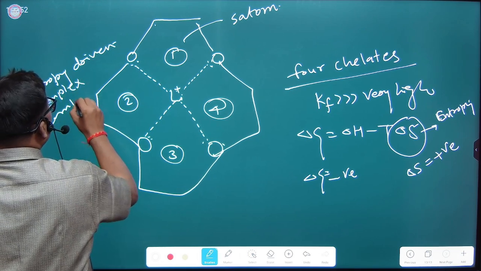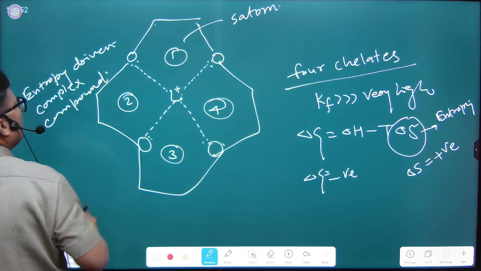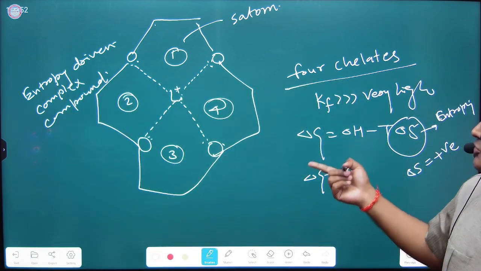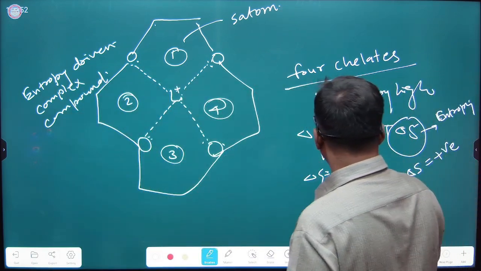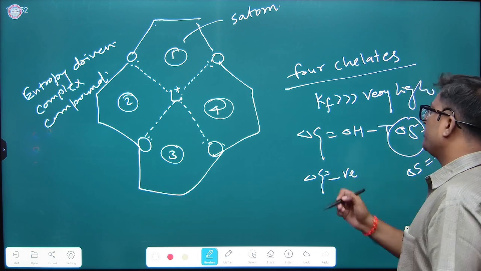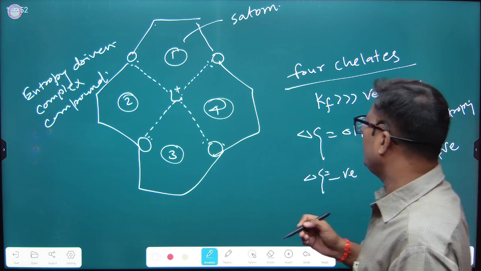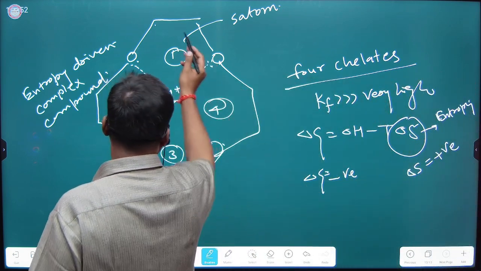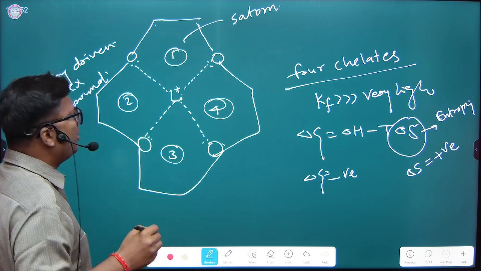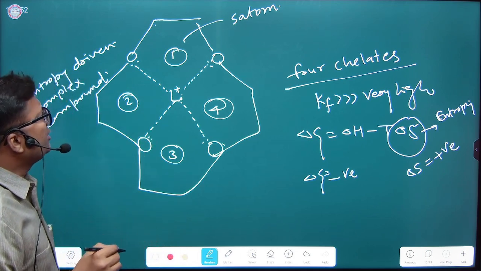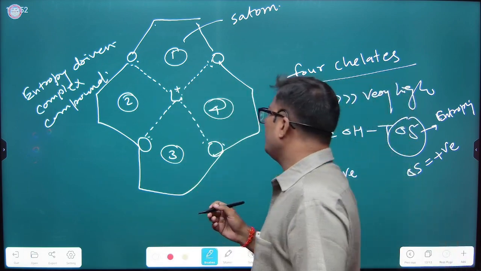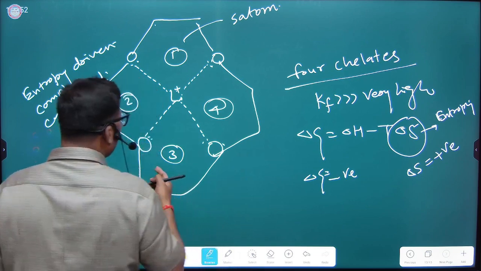So such types of complexes have more negative delta G value, which favors the formation of complexes, and such complexes are very stable because of the formation of multiple ring structures in the same ligand, and it has chelate structure.